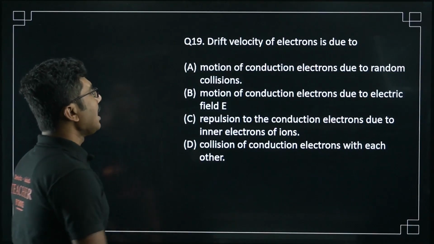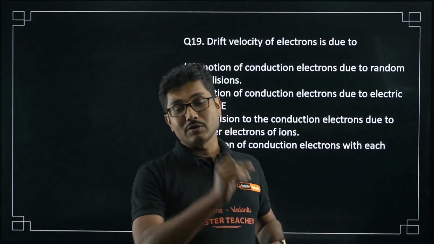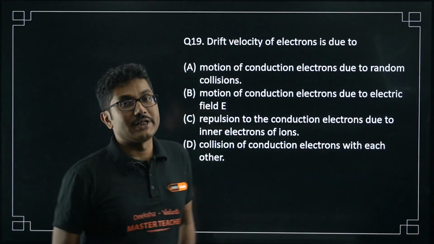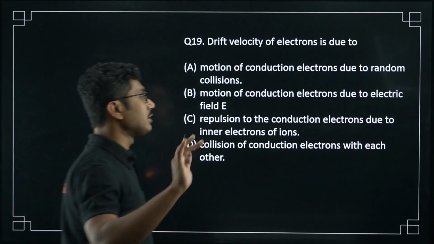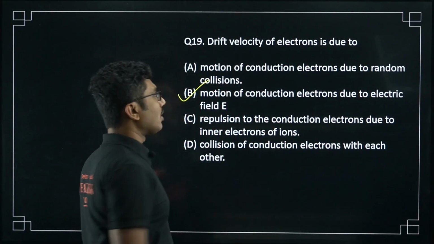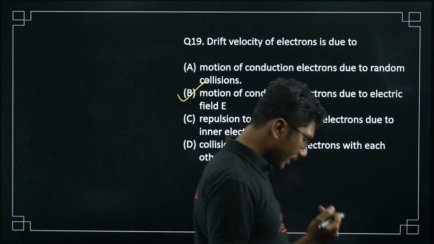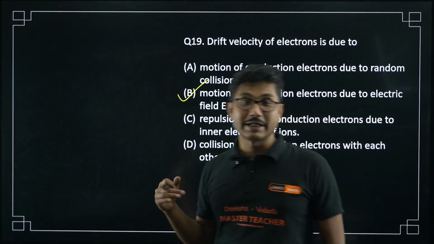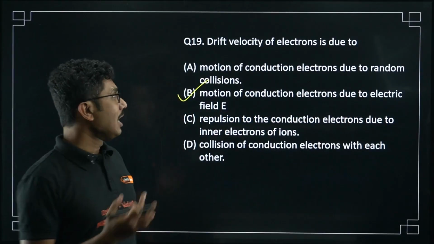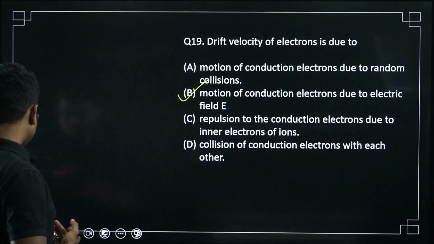So definitely when you apply an external electric field, the electrons start to move in the opposite direction of the electric field. That motion is called drift motion or drift velocity. So it is the motion of conduction electrons, and only conduction electrons can move. Inner electrons or valence electrons cannot move. So definitely it's a motion of conduction electrons due to electric field E.